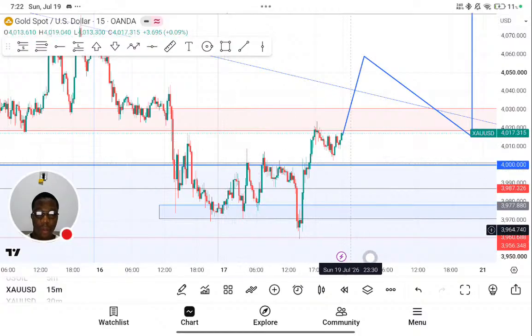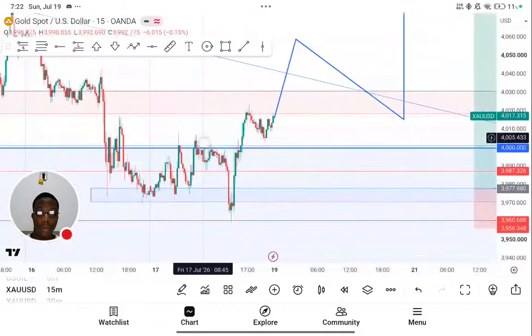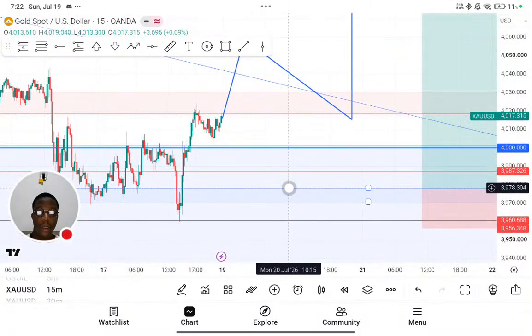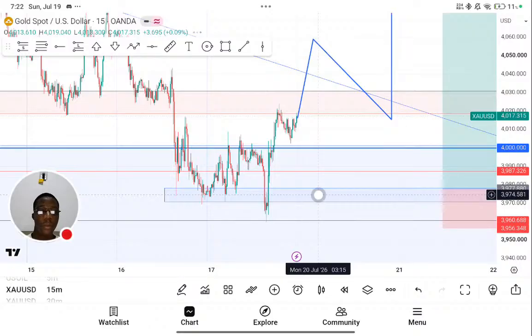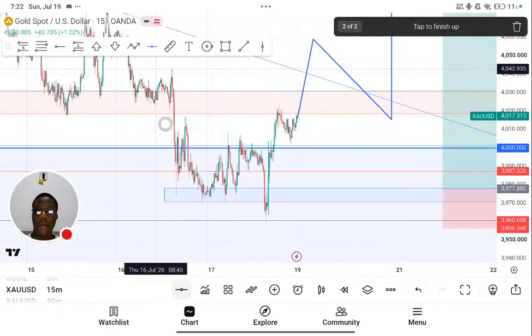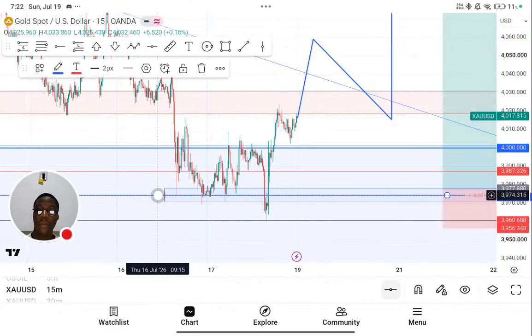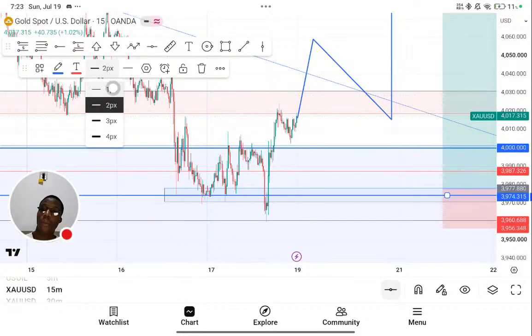Yeah, there's buy opportunity. This is 3,975 zone.